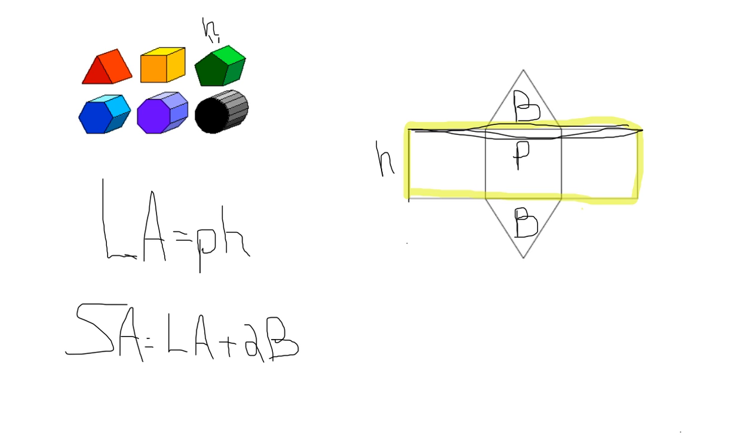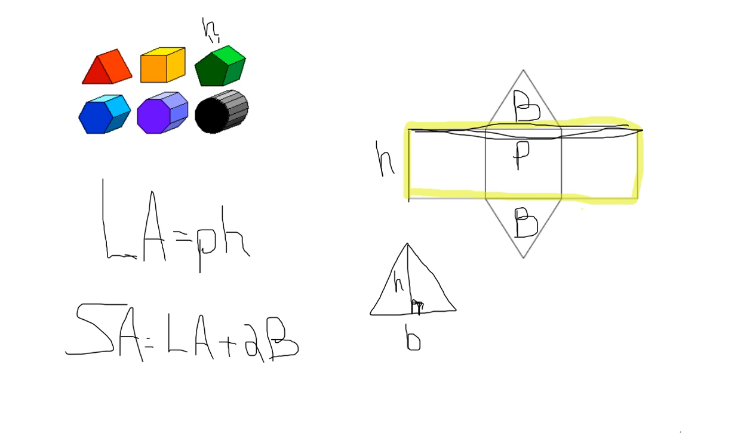So if I'm thinking about a triangular prism, then I need to find the area of the triangle, which means I need to know the base and I need to know the height. Now once I know those things, then I can find the area of one triangle and multiply that by 2, and I have found the surface area of my prism.